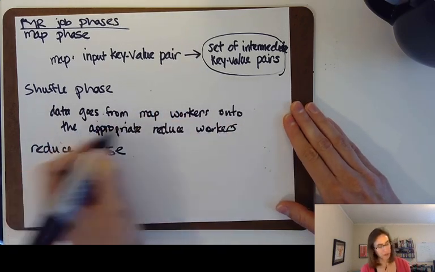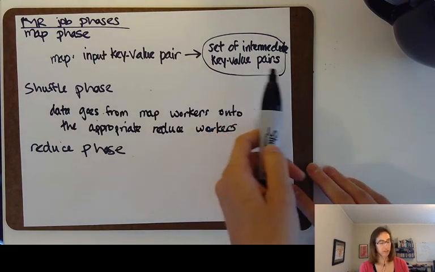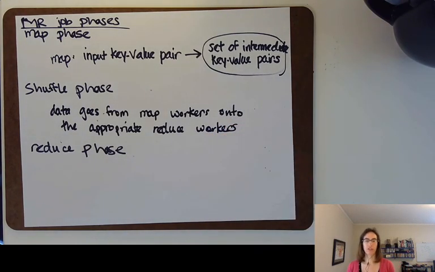So I wrote the appropriate reduce workers here. So how is it decided which intermediate key value pairs are going to go onto which reduce worker?